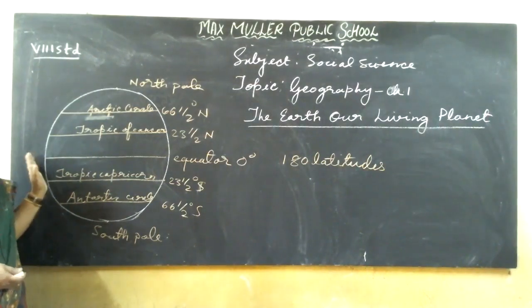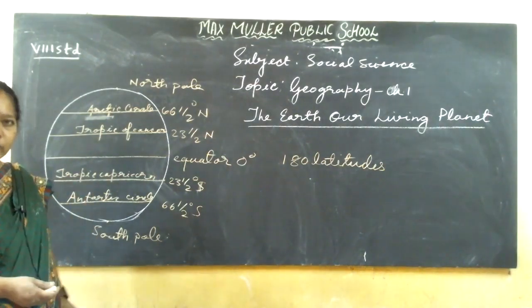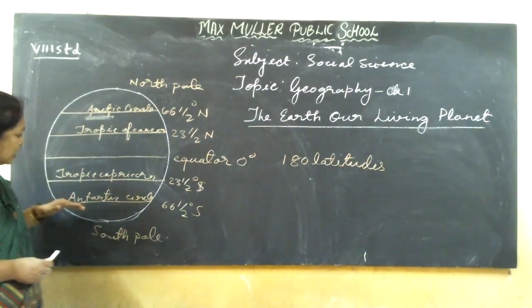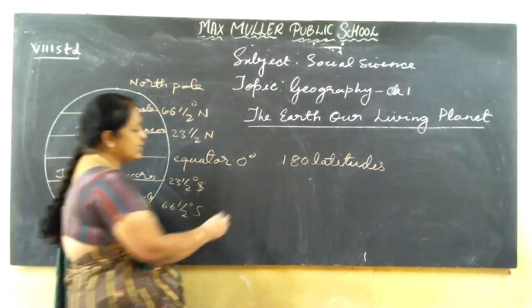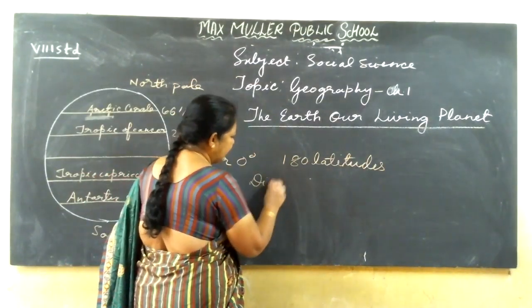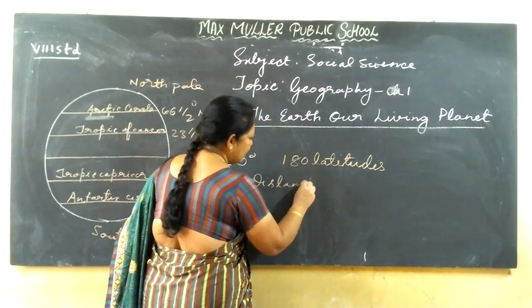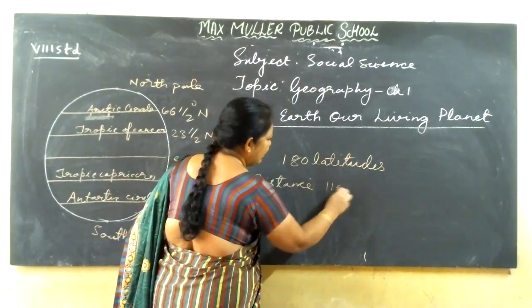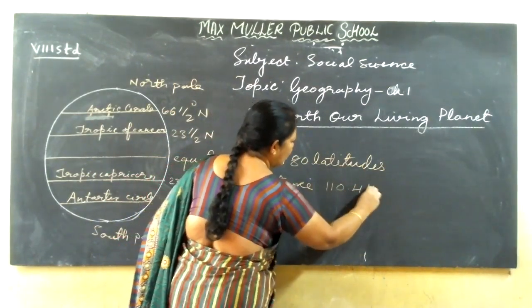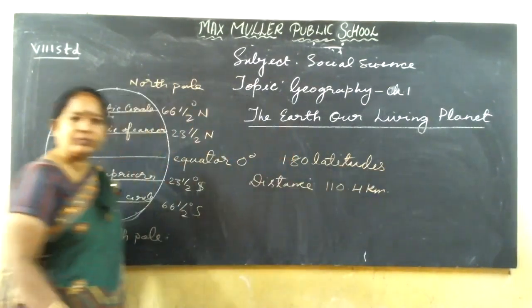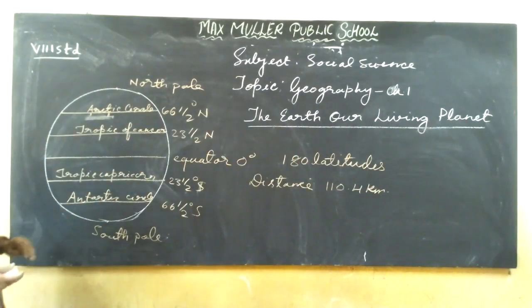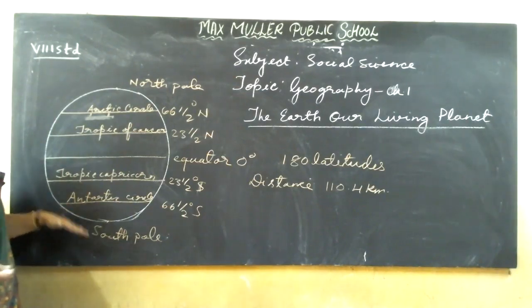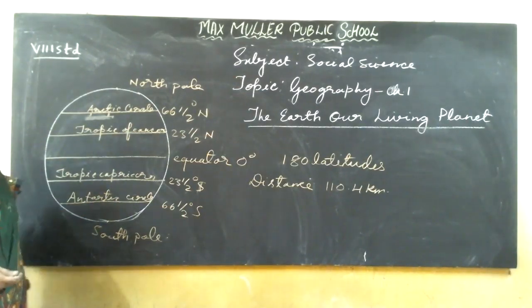So in total we have 180 latitudes, and the distance between each latitude is 110.4 kilometers. How much? 110.4 kilometers. So this is the distance.